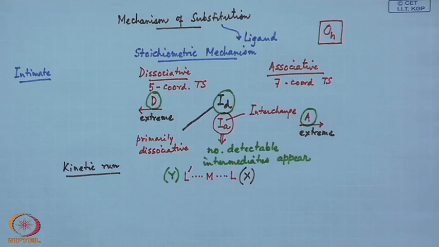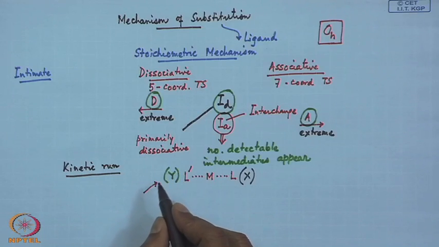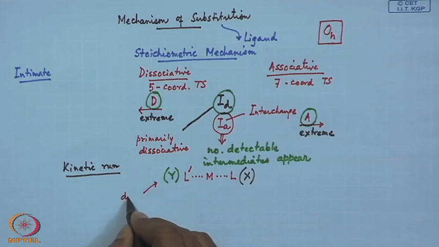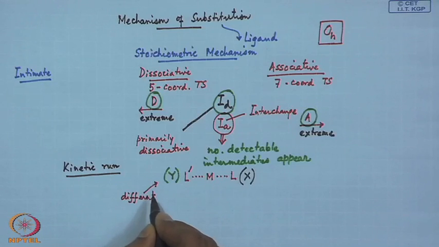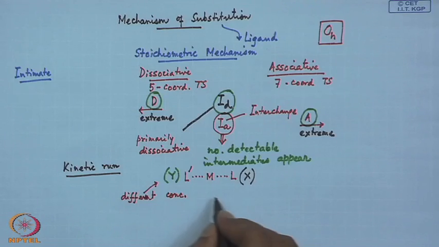So, initially when we consider the rate of the reaction, how it is affected when we use different concentrations of Y, then what do we get?